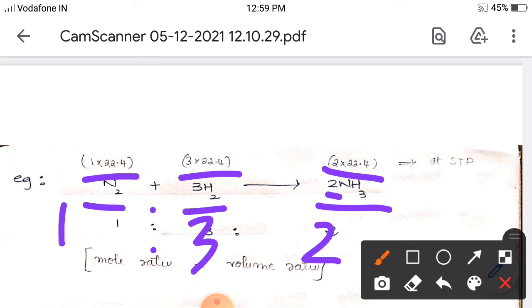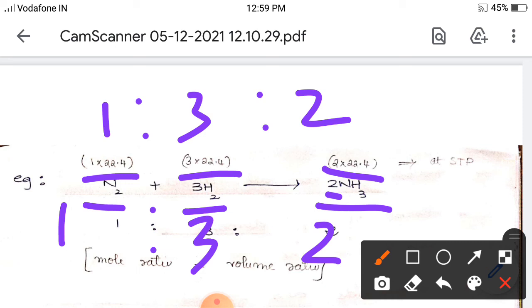We are considering the ratio. That is equal to the volume ratio. What is the volume ratio here? 1 into 22.4 liter, 3 into 22.4 liter, and 2 into 22.4 liter. That means the ratio is 1 is to 3 is to 2. That is, mole ratio is equal to volume ratio.